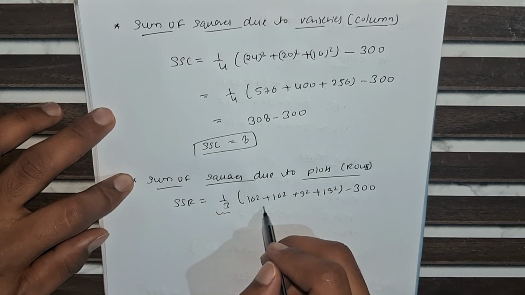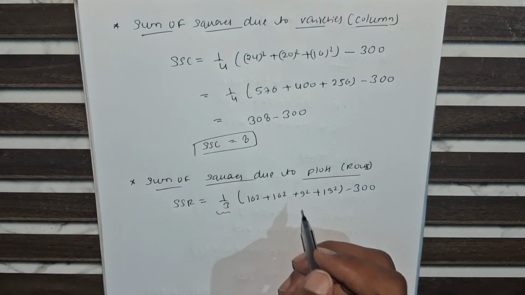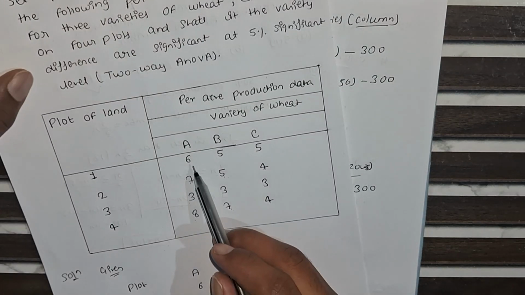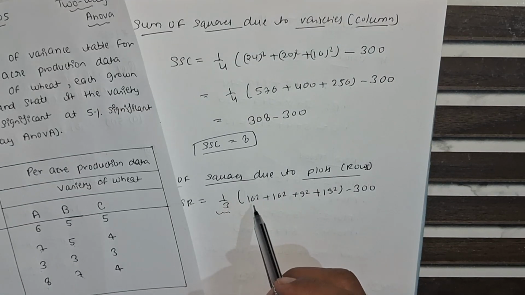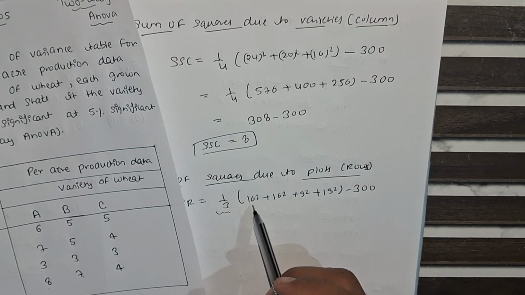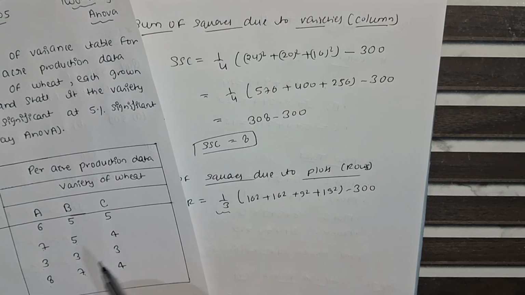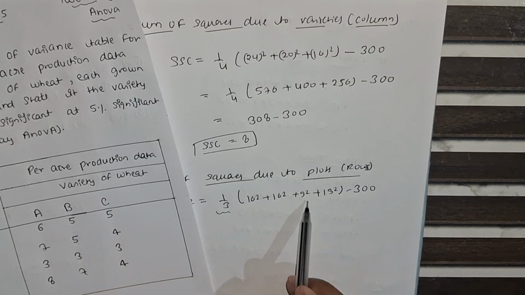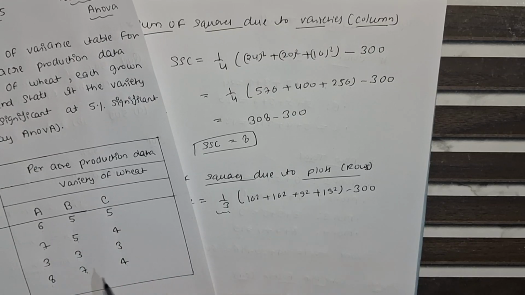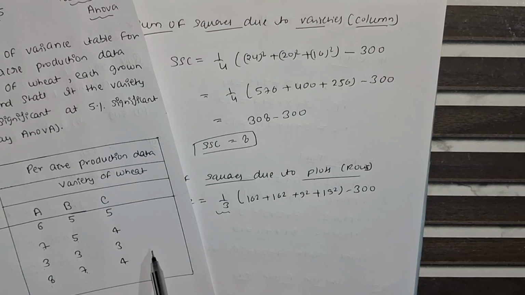And from where do the values come? When you add 6 plus 5, it equals 16. So that's why I am squaring 16 here, and like that 9 square, and like that 19 square. This is for rows.